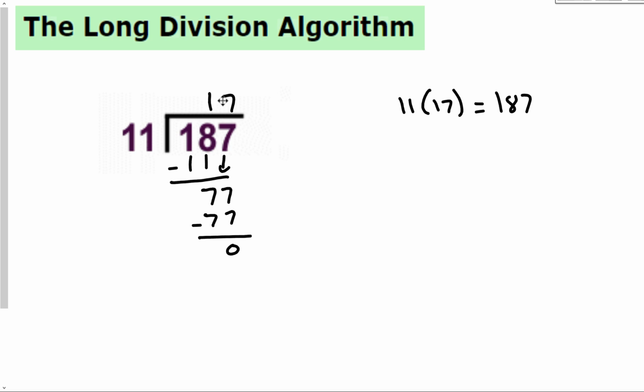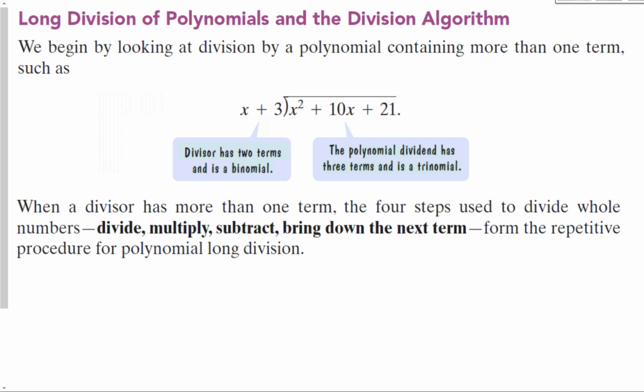Pretty simple. Our algorithm is: look at my quotient here, figure out what goes into it, multiply, subtract, do it again. Okay? So let's do this now with polynomials.